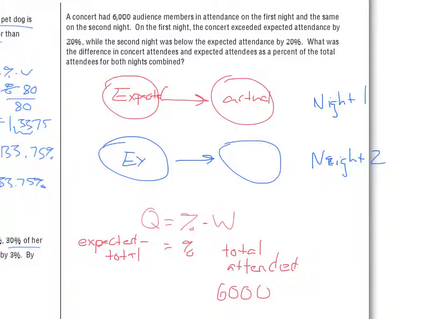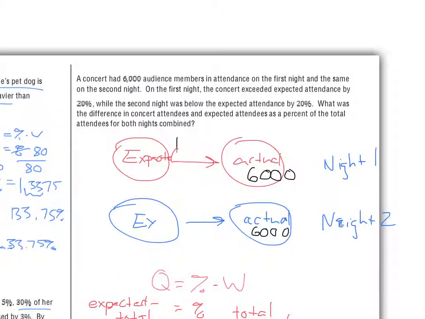Well, we know the actuals for both of these are 6,000. And our expected, so on the first concert night, they exceeded the expectations by 20%. So they were 120% of the expectation. The second night they were below expected, so they are 80% of what they expected.